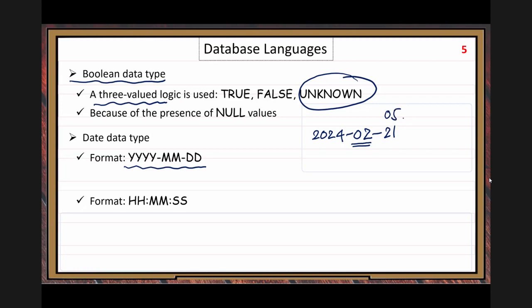But although we say this is the standard format, if you use a single digit, for example 2024-2, only 2, you skip that 0, it's still correct. It's not wrong. So the DBMS will insert that 0 for you. As a user, when you enter data, you skip that 0, the DBMS still takes it.